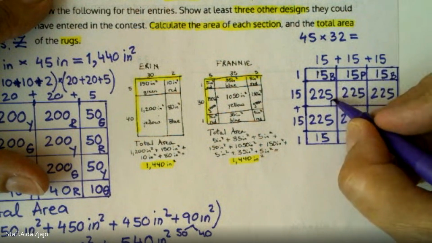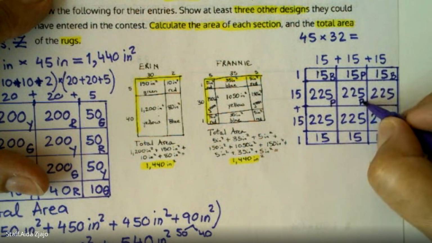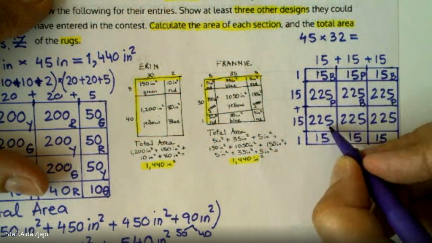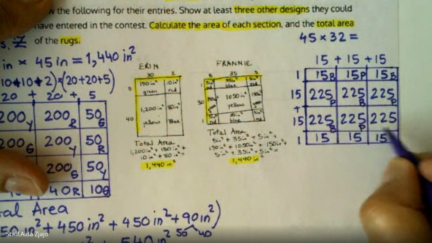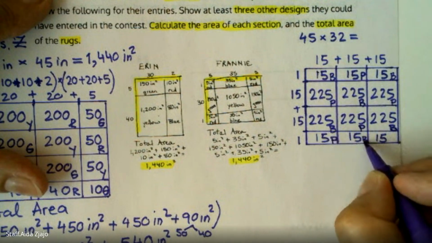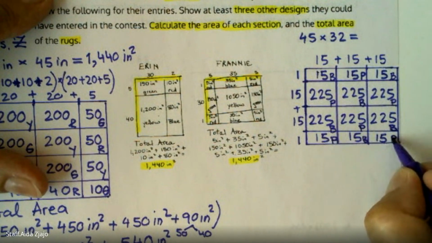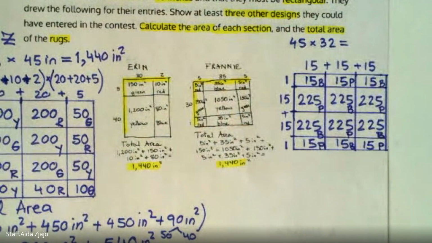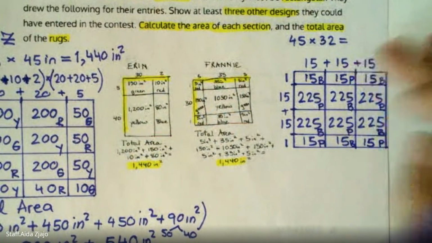Okay, again, purple, blue, purple. Okay, blue, purple, blue, and purple, blue, purple. So this will be just two colors, and I alternate the colors.